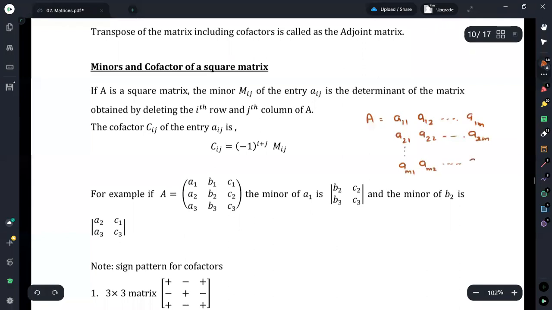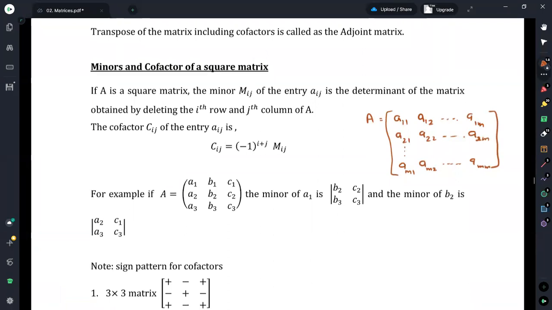Similarly, Amm. Therefore, the general form of any element inside this matrix A can be written as the entry Aij, as we have done previously. I stands for row number and j stands for column number.